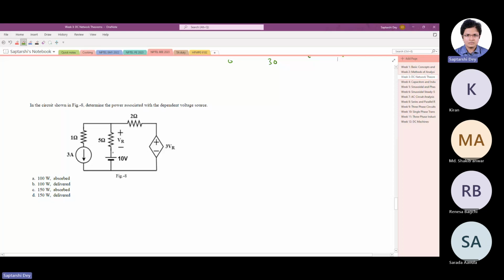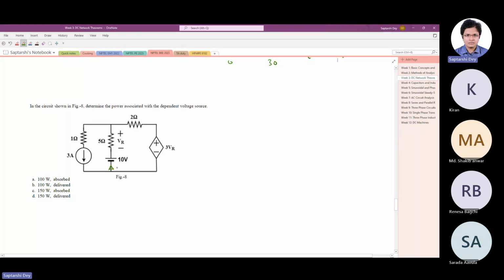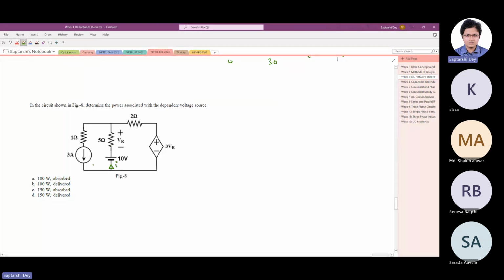Let us take this current to be I. And if this is I, this is 3 minus I. Well, not a very easy question, because the voltage drop across the 3 ampere source we do not know.